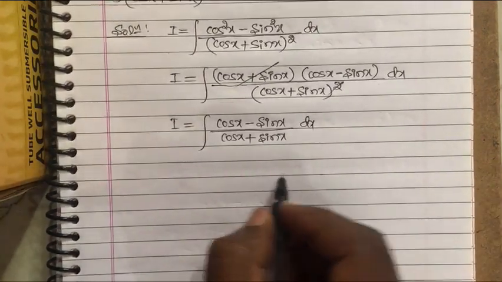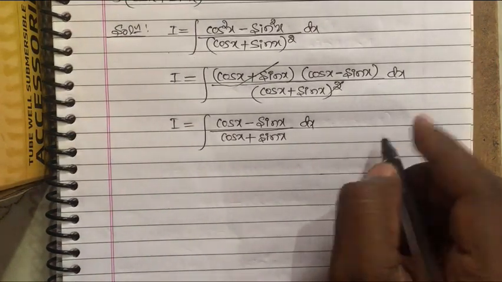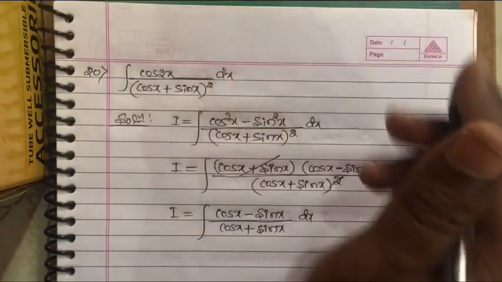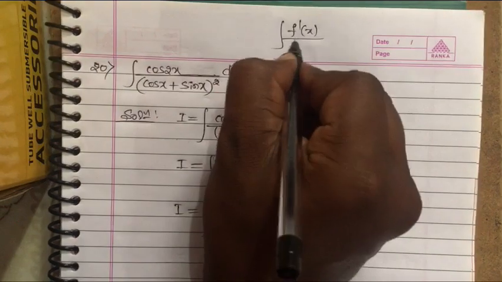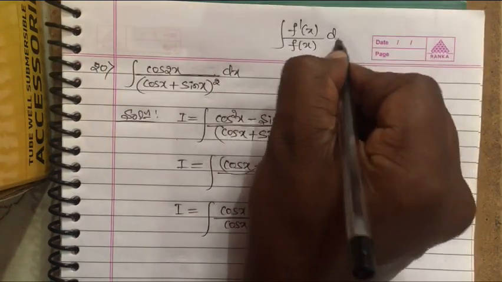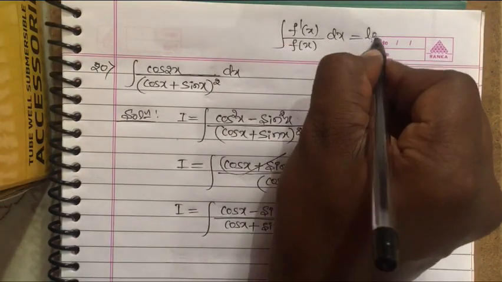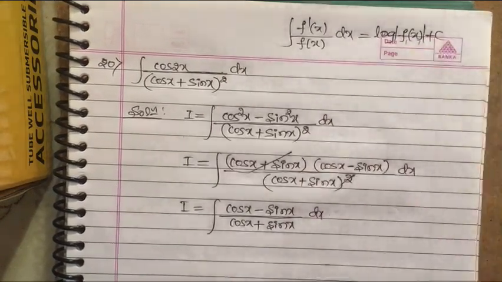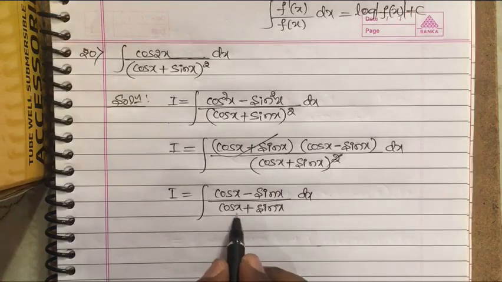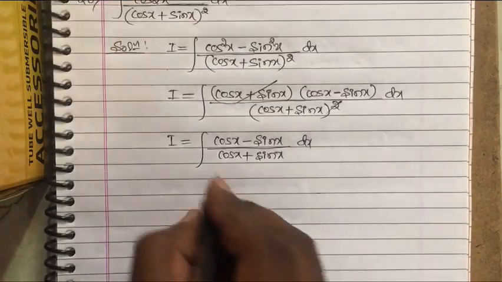Now it is in the form of integration of f dash of x by f of x dx, integral f dash of x divided by f of x dx, which is nothing but log mod f of x plus c. So put the denominator equal to t now.